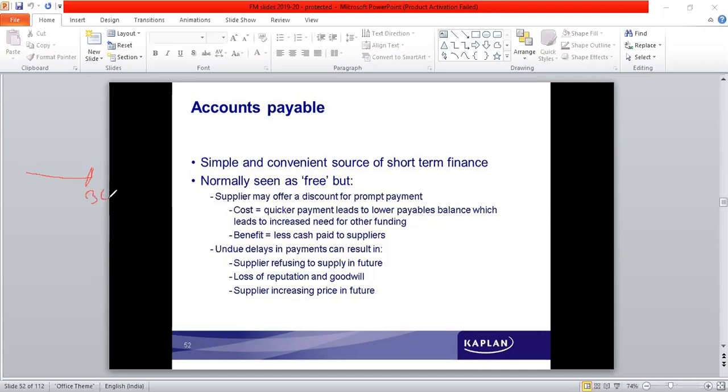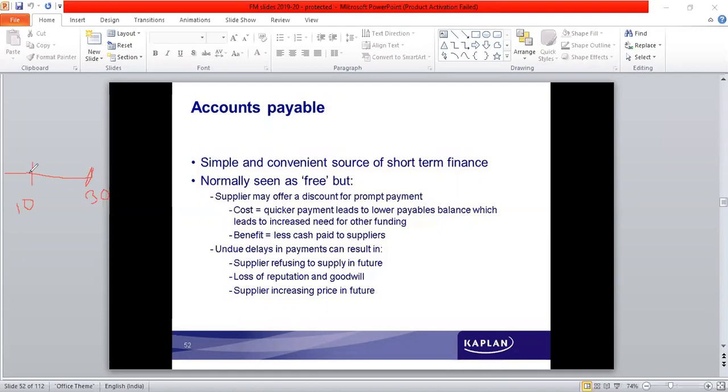But because a discount is given if they pay within 10 days, they give up the benefit of not paying until 30 days. They rush to make the payment within 10 days so that they can get the benefit of cash discount. That is one important point we have to remember. Supplier may offer a discount for prompt payment.